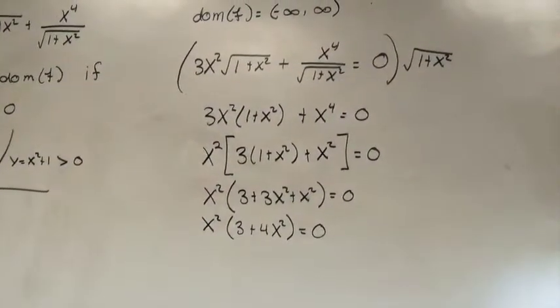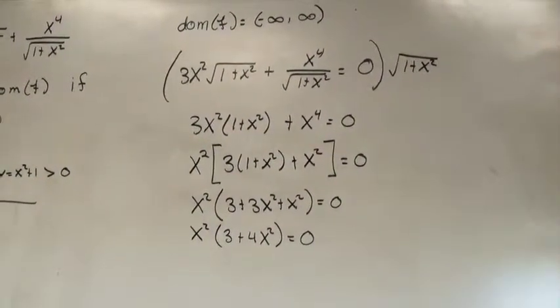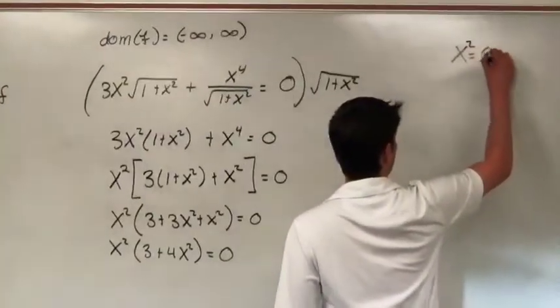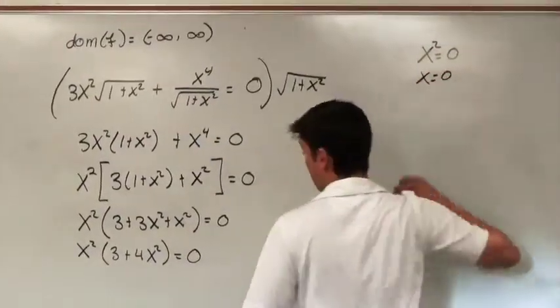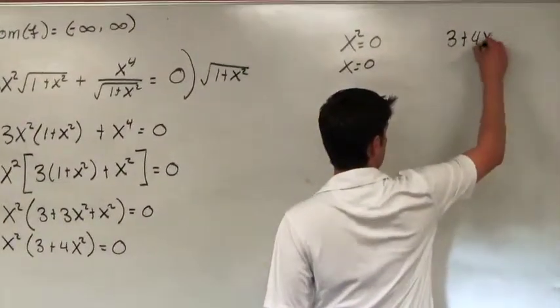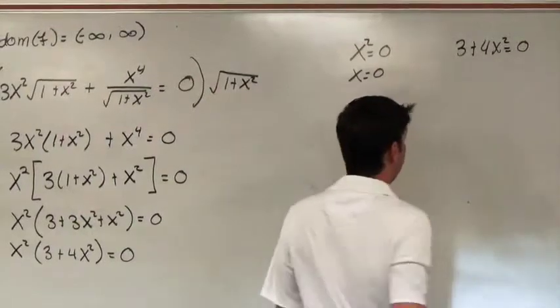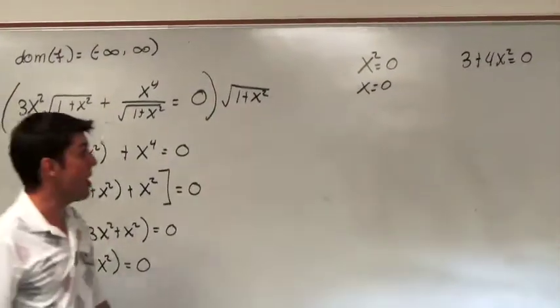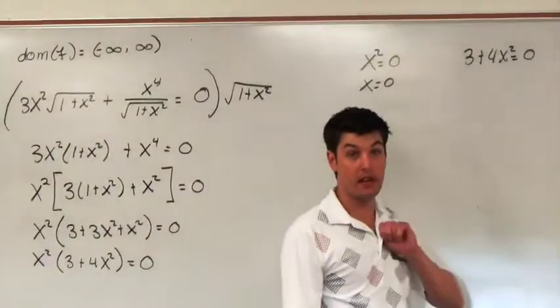Now we're going to set each factor to 0. And we get x is 0. Set the second factor to 0. And we get no solution for this. Again, this is a parabola that lives entirely above the x-axis.